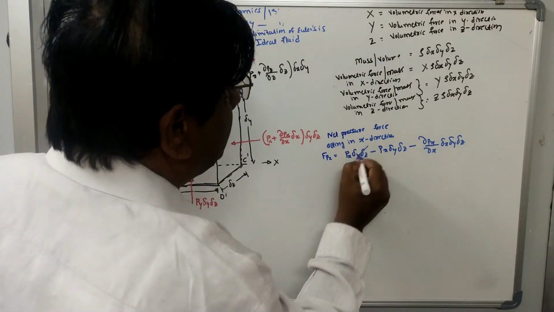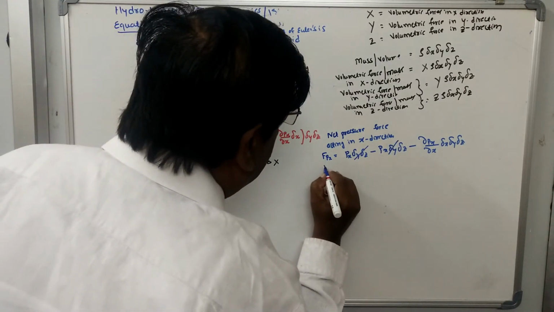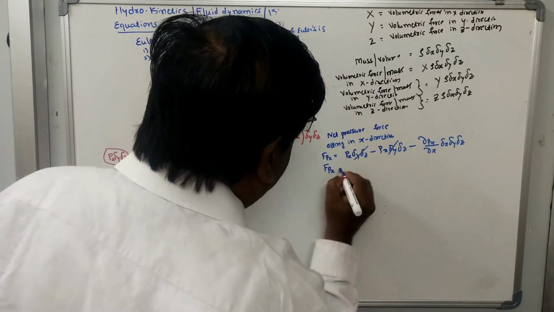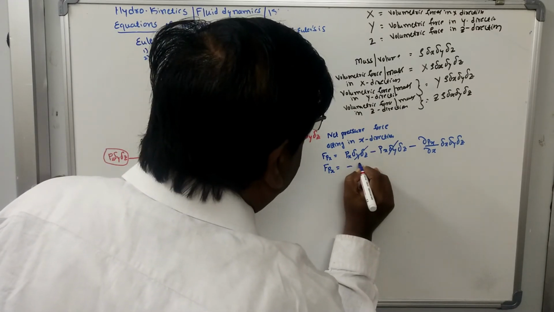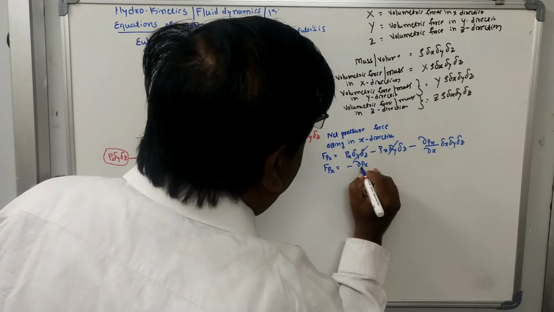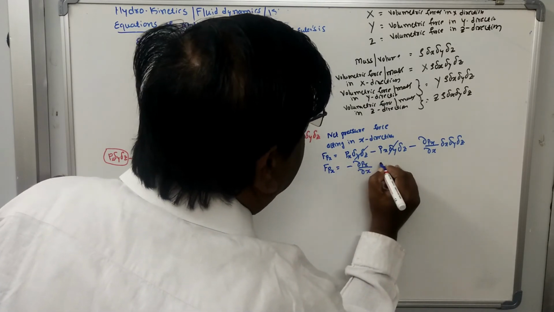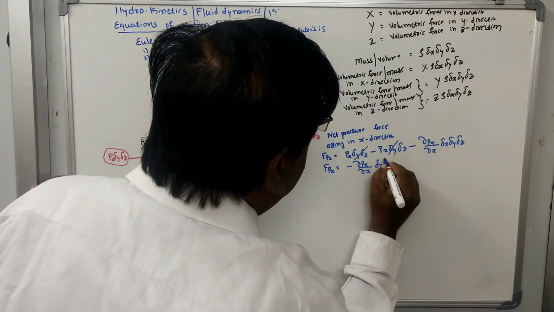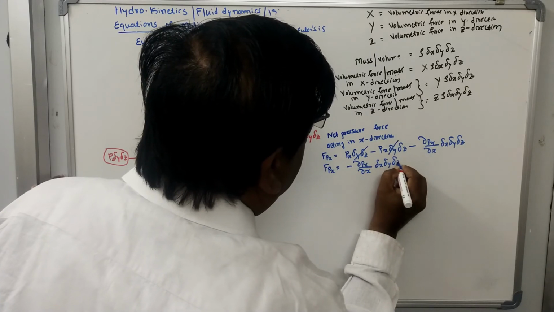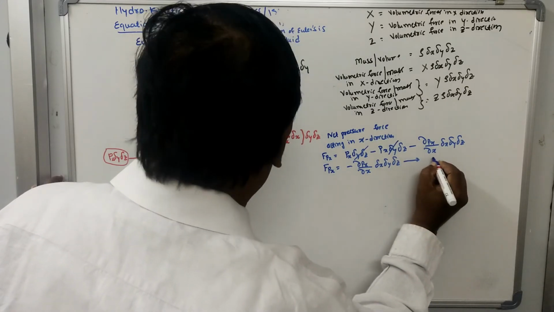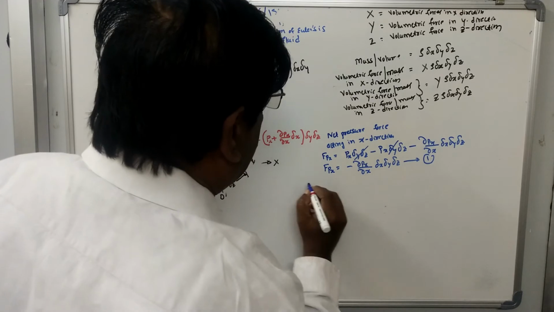So this cancels. The net pressure force is equal to minus ∂Px by ∂x delta x delta y delta z. Call this equation 1.